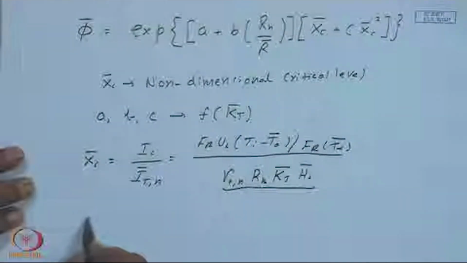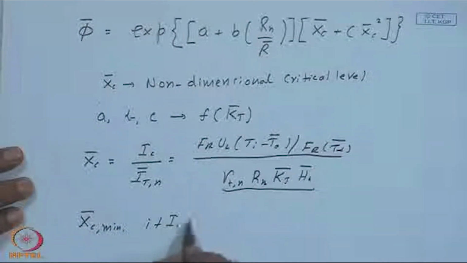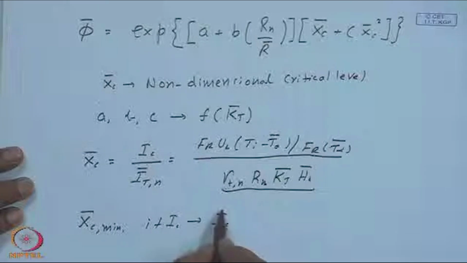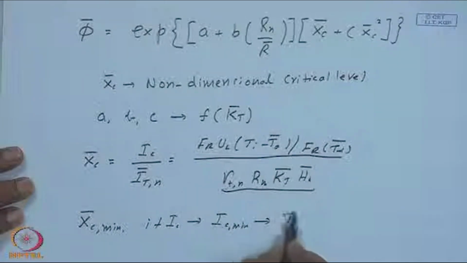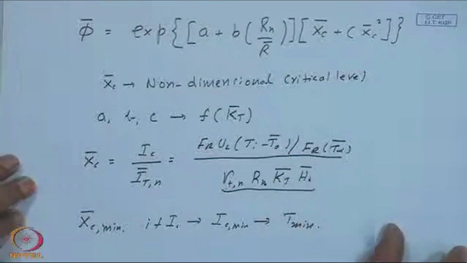So, it is customary to sometimes call XC bar as XC bar minimum if IC corresponds to IC minimum, corresponding to T minimum, the temperature above which energy delivery is desired.